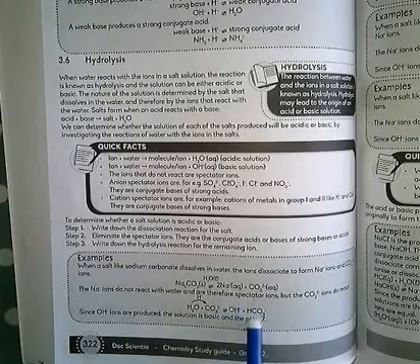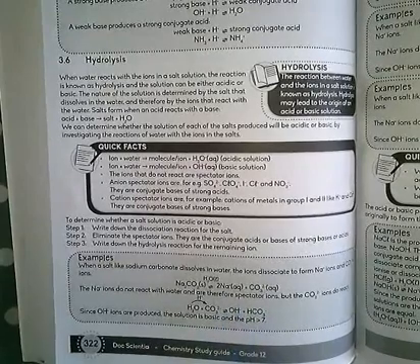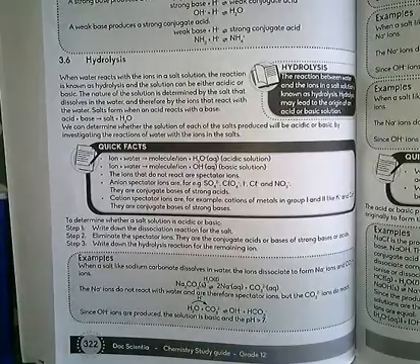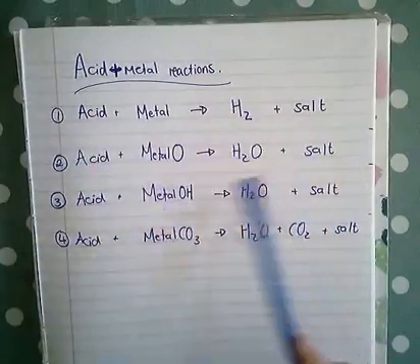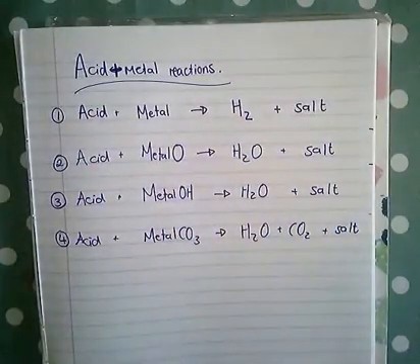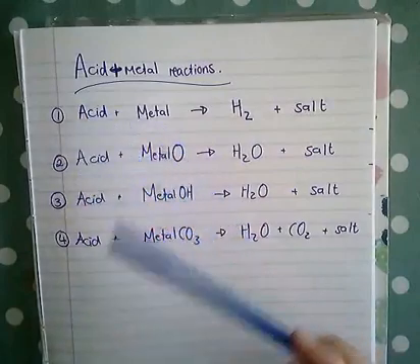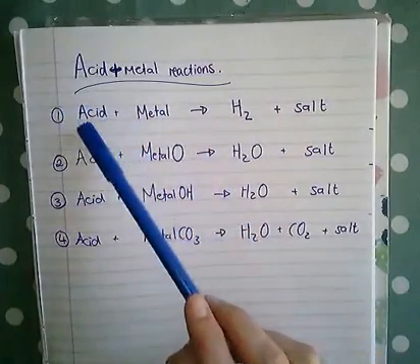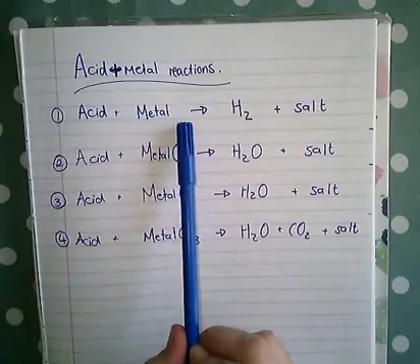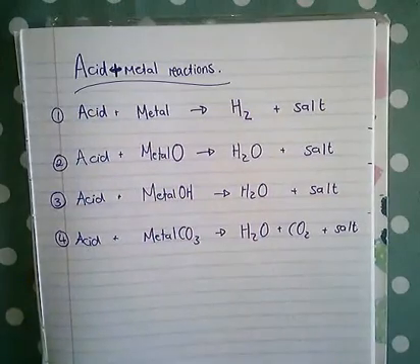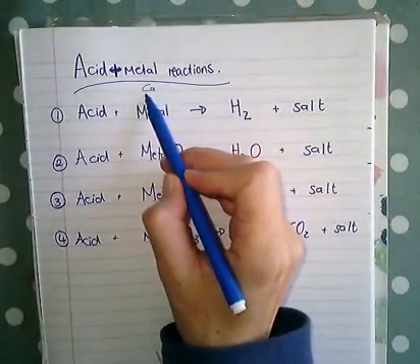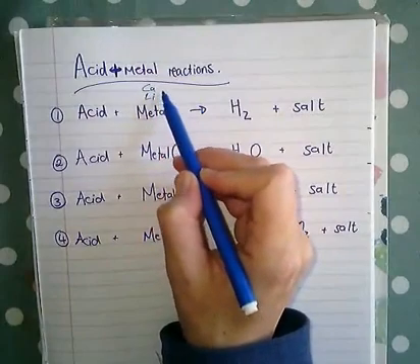All right, then on page 326, reactions of acids with metals. There are 4 basic options that you could have with metals. If an acid reacts with just a metal, like anything on the left side of the periodic table, on the left of that step, for example calcium or lithium or sodium, just a plain metal, then your product is going to be hydrogen and salt.